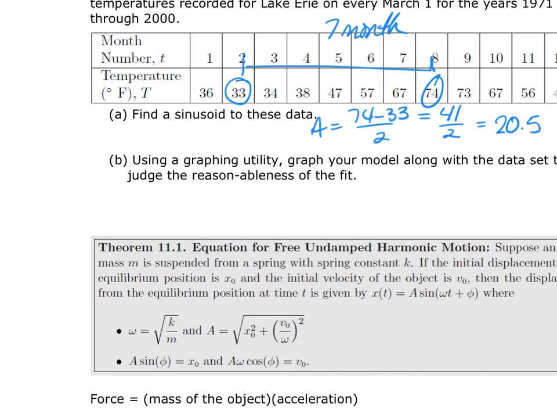Not really. If you consider your summer months to be your starting point, then you have no phase shift and you don't have any amplitude change other than a positive 20.5. So if you decide you're starting in the summer, then you're just going to write the regular cosine wave. If you decide you're starting in winter, you're going to start with a negative. So it depends on how you look at it.